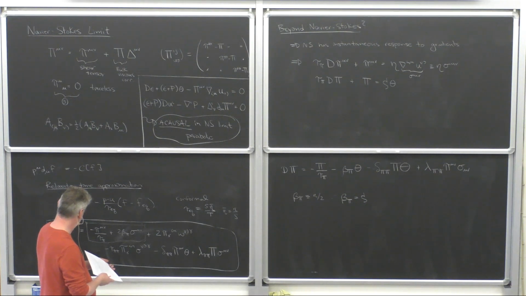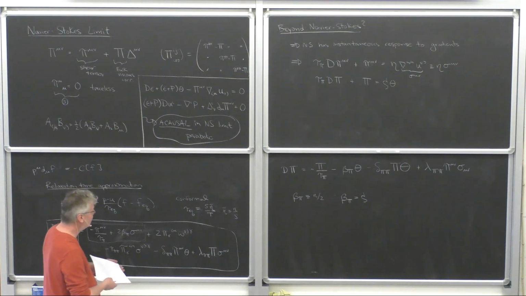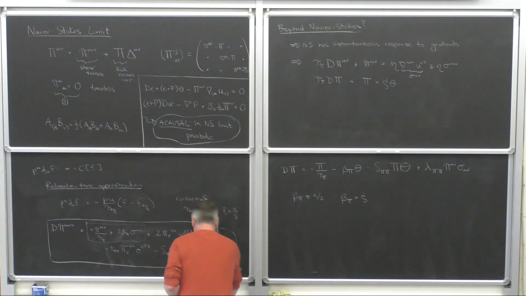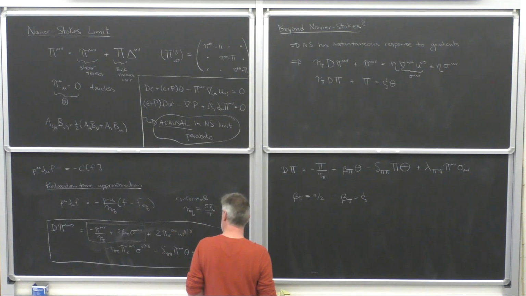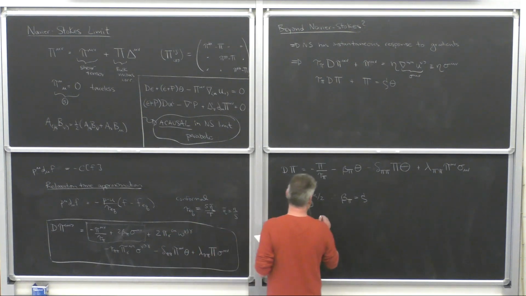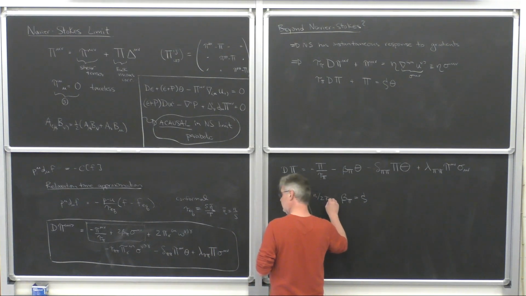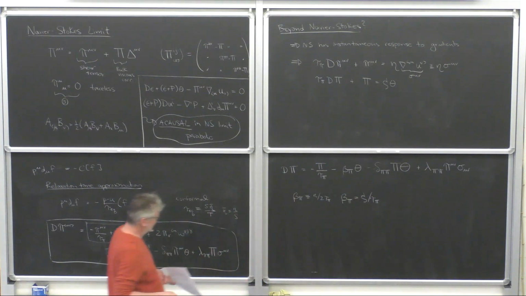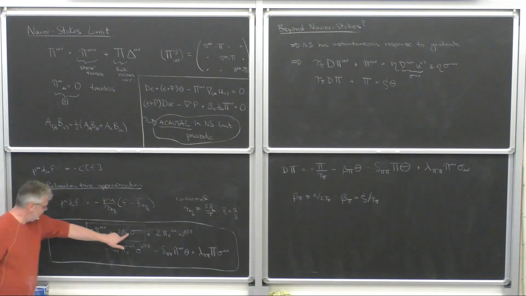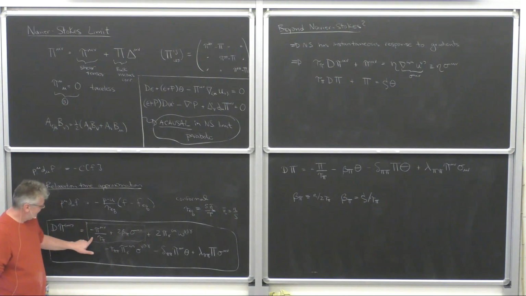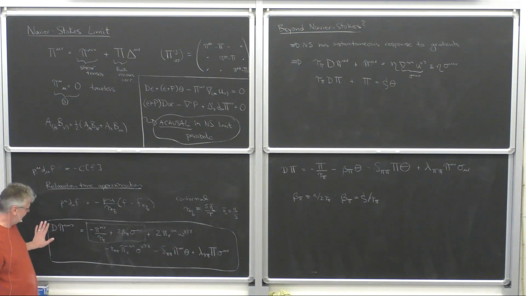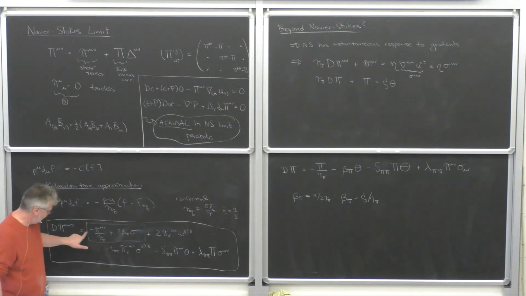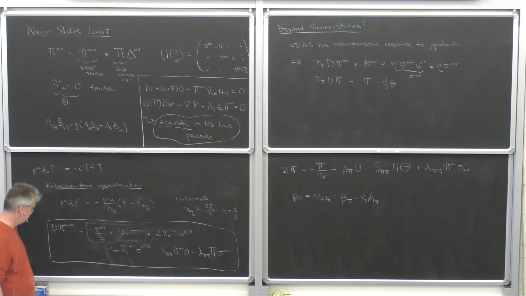Just a second. Yeah, sorry, I think I didn't write it correctly. So these two terms actually diverge. The rest of them are finite in the limit that tau pi goes to 0. And then you just get the constitutive relation out of this after plugging in those relations over there.